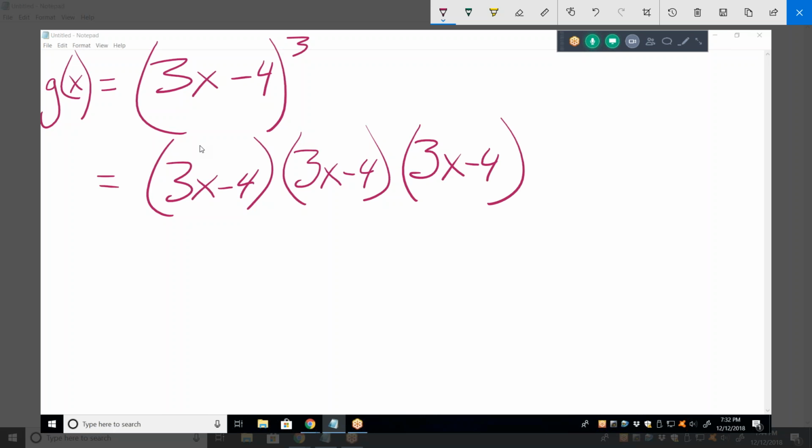The way you do it is you multiply two of them, you take the result, and you multiply it by the third one. So multiply the first two. There actually is a binomial theorem that, depending on how big the exponent is, could be an easier way to do it.